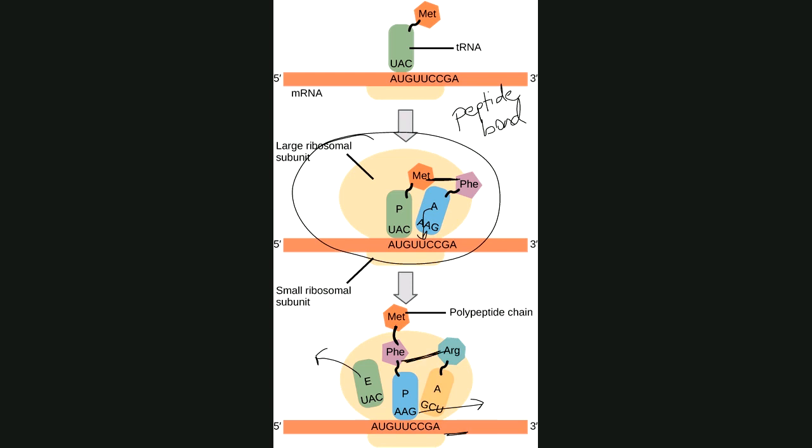This portion of the tRNA will be ejected, but the growing peptide chain is going to stay attached. So the number of peptide bonds just keeps growing as each new tRNA brings in a new amino acid.